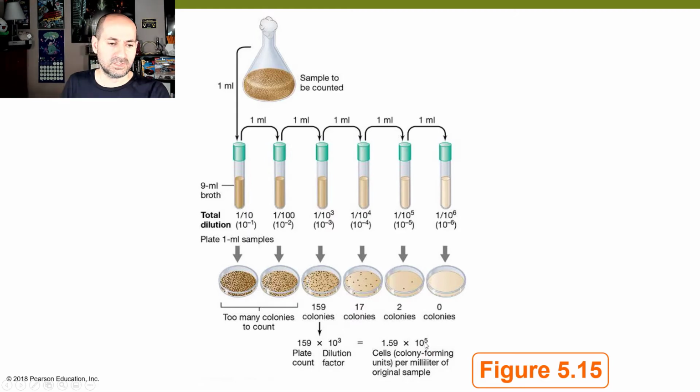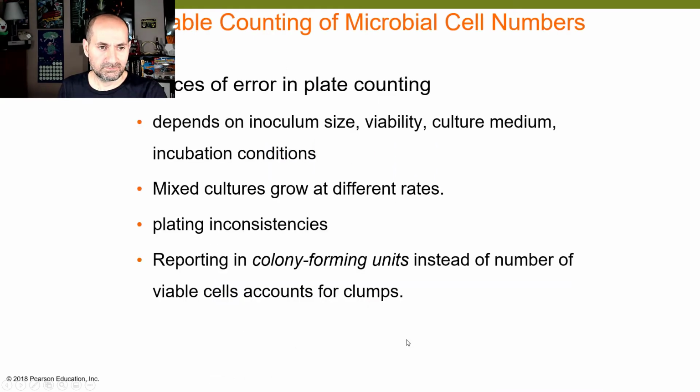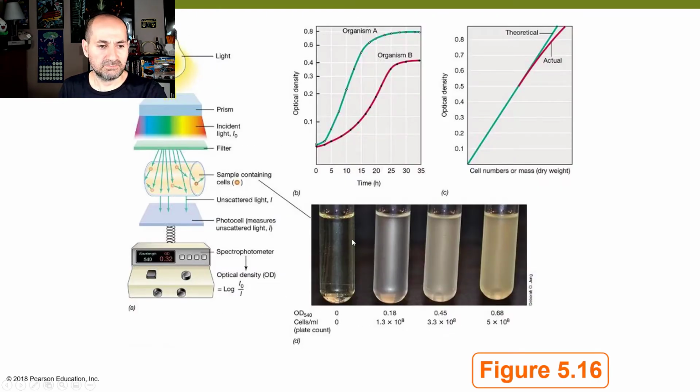You should know what's the main difference between a viable plate count like this versus turbidimetric counts. Remember turbidimetric counts where you're looking at the OD 600 or the OD 540 and measuring biomass based on turbidity? I need you to know, as we discussed in the lab, the difference between the two.